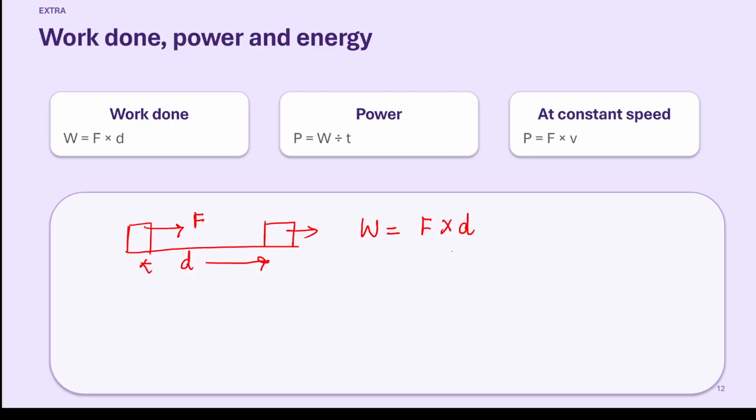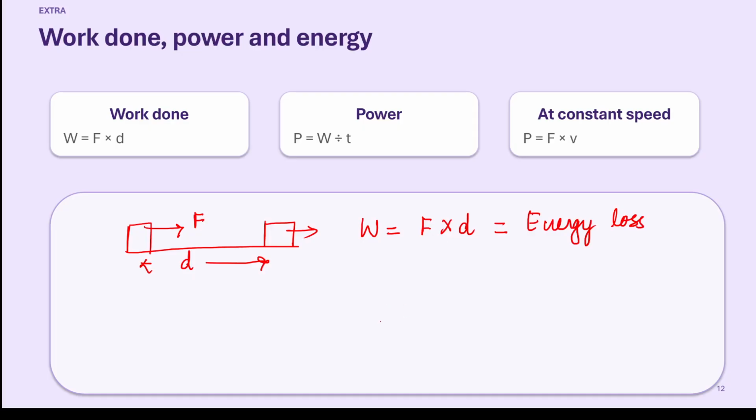We calculate work by this formula, force times distance. Again, it's there in your equation sheet. But what we need to know from the energy topic is that this work is equal to your energy loss.